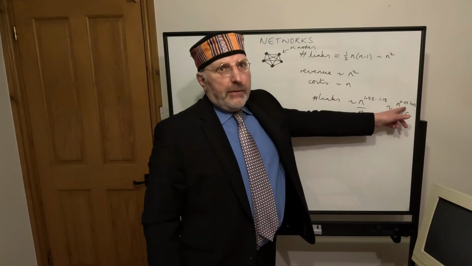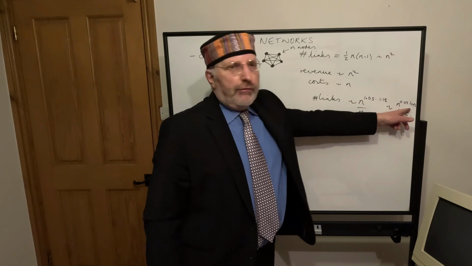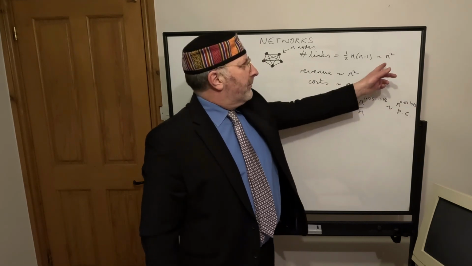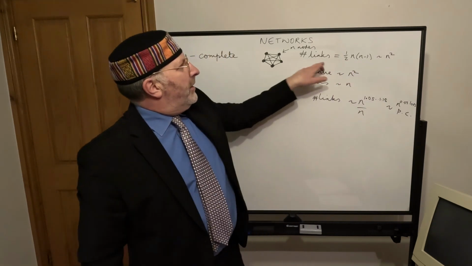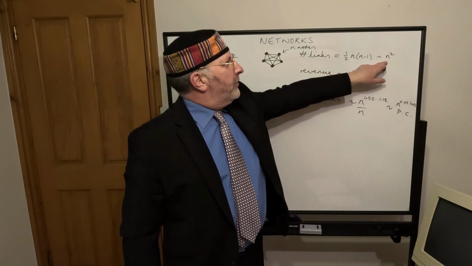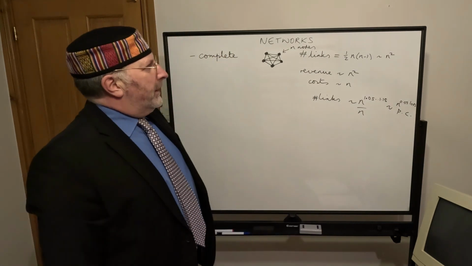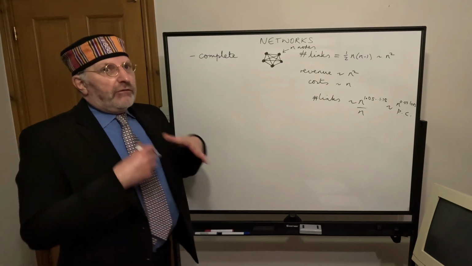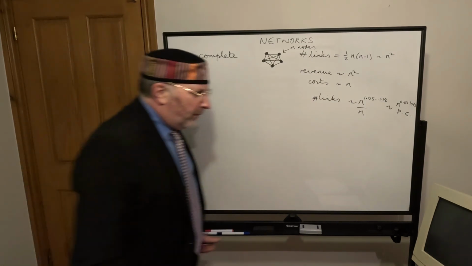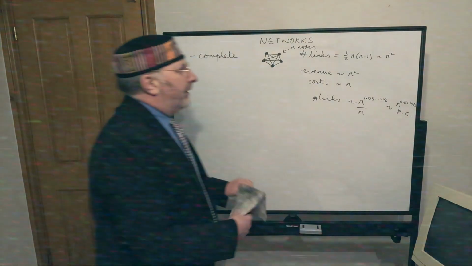So it is going up with the value of n, but pretty slowly, not quite proportional to n, as I suggested here. If the number of links and the revenue is going up as n squared, it would be n, but in reality it's more like 0.05, but it's definitely still an increase. We will see that later.